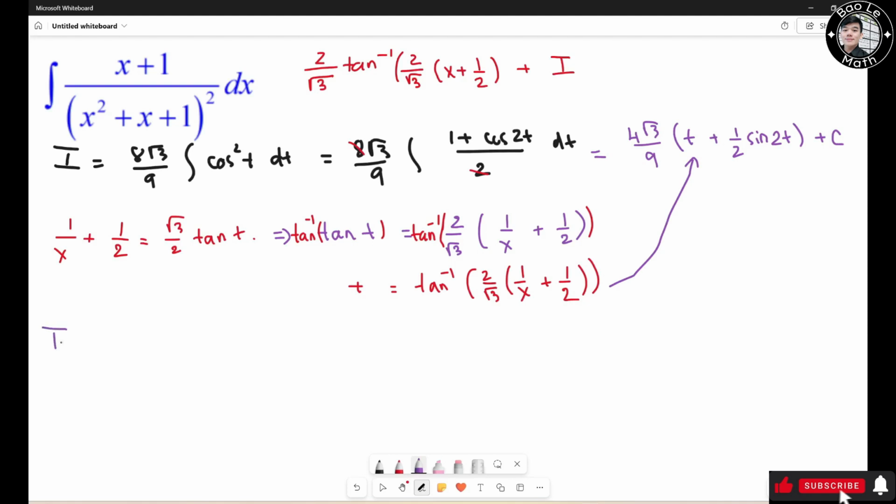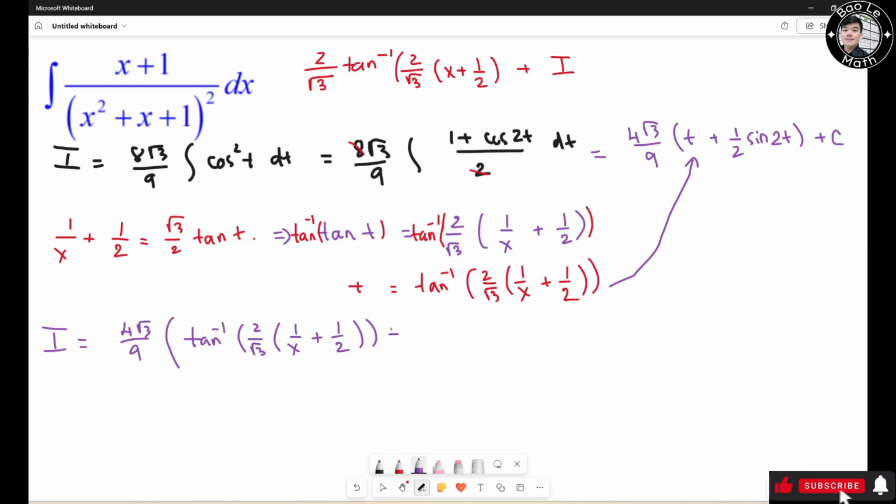Now we substitute this for t back over here. So we have I equals 4 root 3 over 9 times tangent inverse of 2 over root 3 times 1 over s plus 1/2, right?